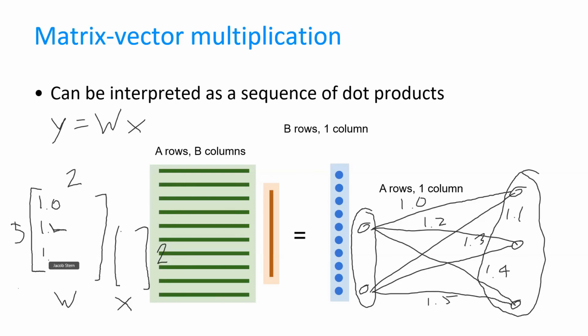Yes. And then as we go across, what will it be? 1.1, 1.3. And so you can imagine these W numbers in this weight matrix as strengths of connections between each of our input numbers and each of these intermediate neurons.